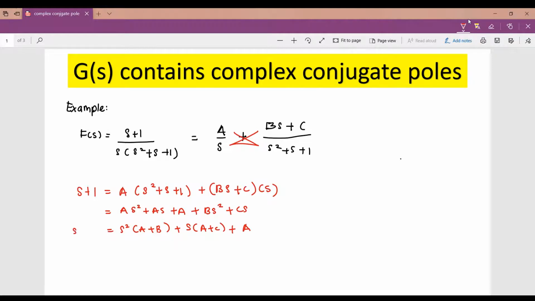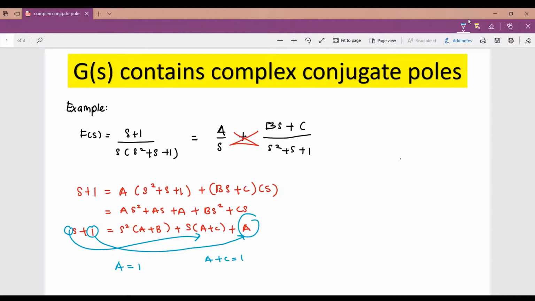So the left side is s plus 1, so all you need to do here is compare this one with this one. So I will get A is equal to 1, and then this one is actually 1. I will compare with this one, and then A plus C is equal to 1.